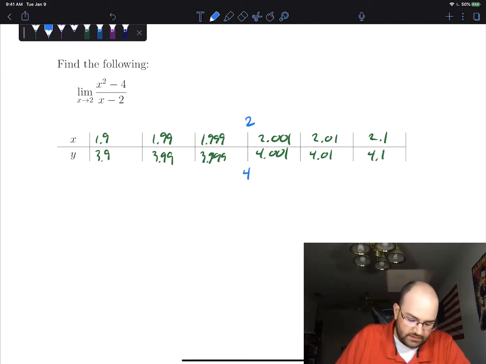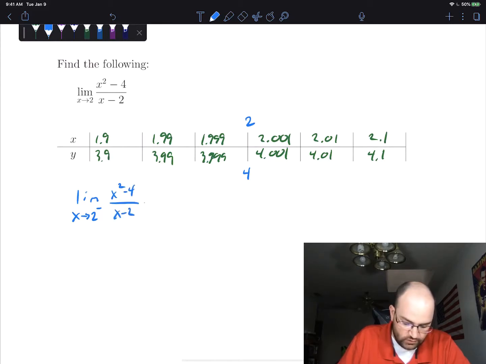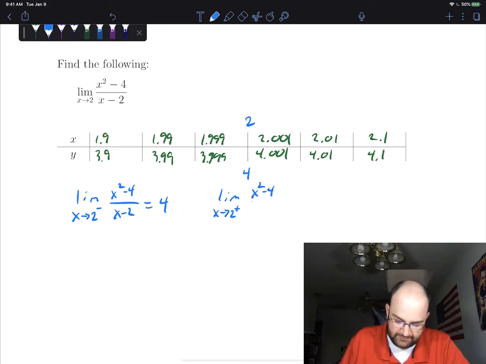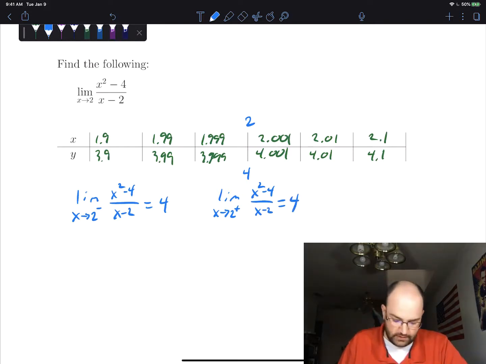So this is telling me that the limit as x approaches 2 from the left-hand side of the function x squared minus 4 all over x minus 2 is going to be the number 4. And also the limit as x approaches 2 from the right-hand side of the same function is also going to give me 4 as well.